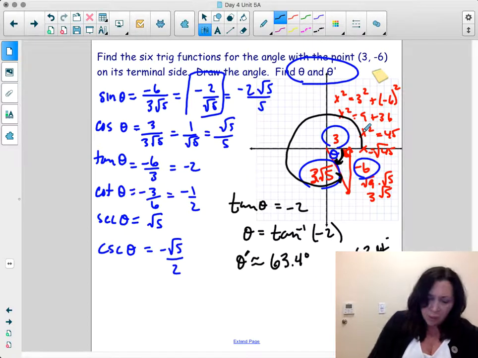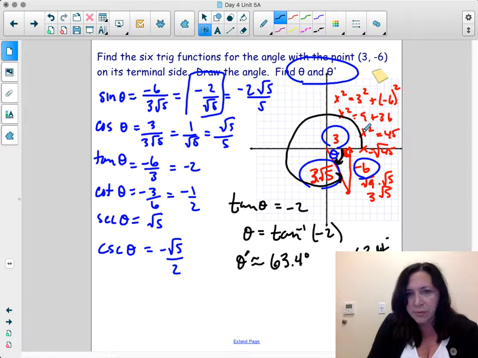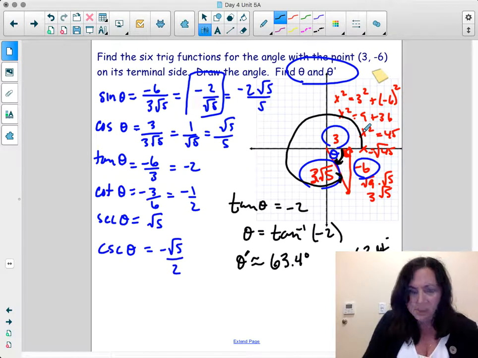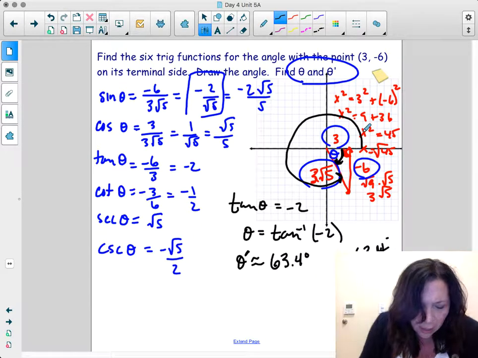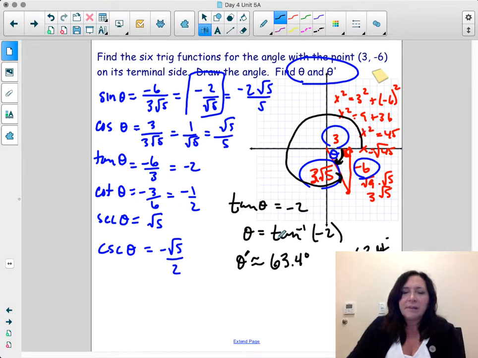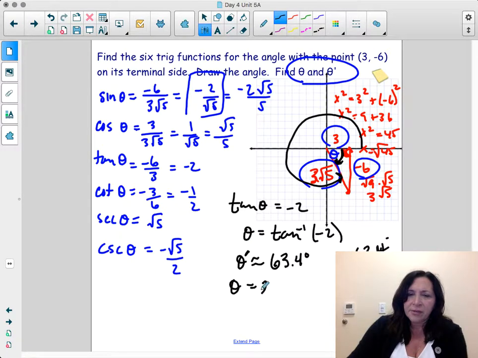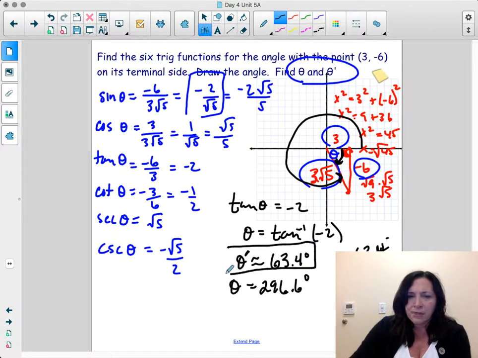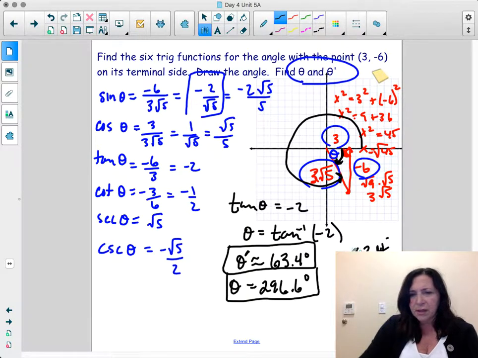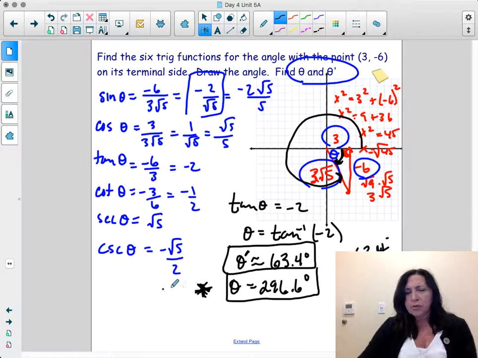So technically, that's going to be 360 minus 63.4. And that's what, 296.6? So theta, positive, is going to be 296.6 degrees or 63.4 degrees. Okay? This is also theta, but we always like to write it as a positive value. And so you would use this one, okay?